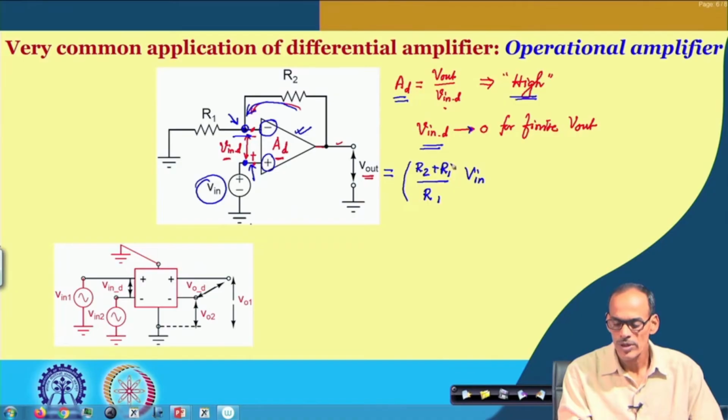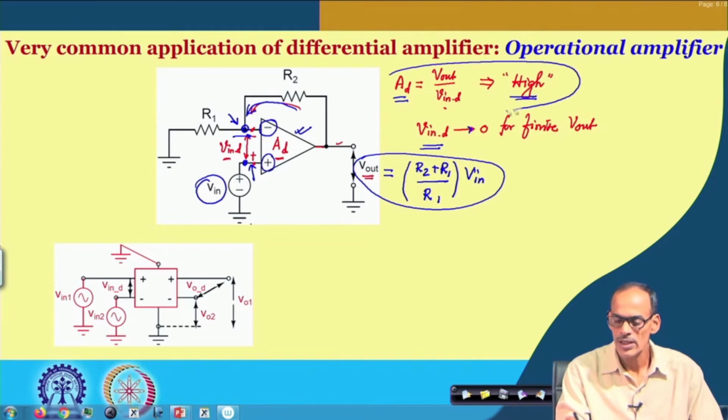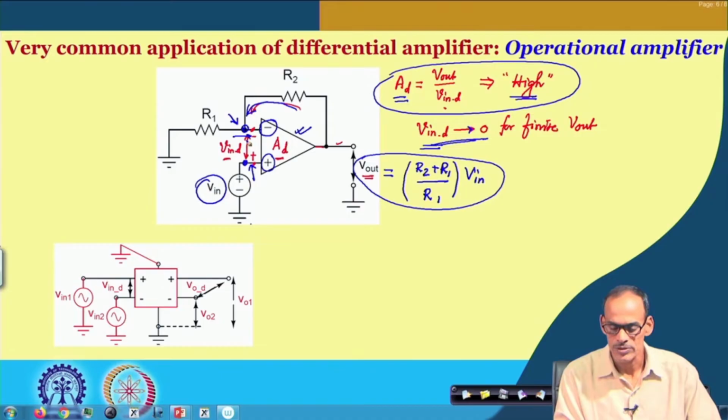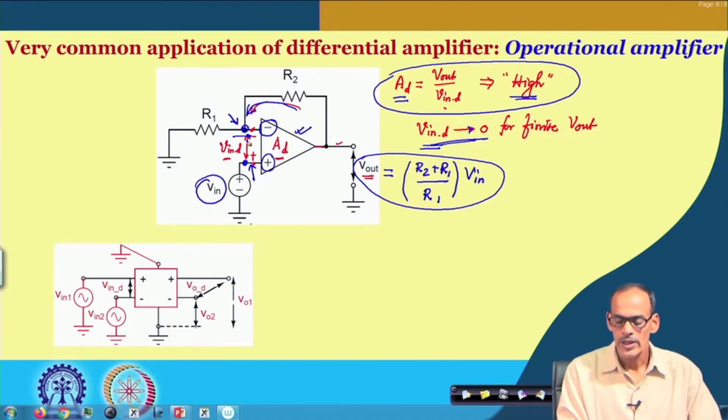I suppose you may know this relationship, and here the basic assumption is that the gain is very high and the differential input approaches 0.